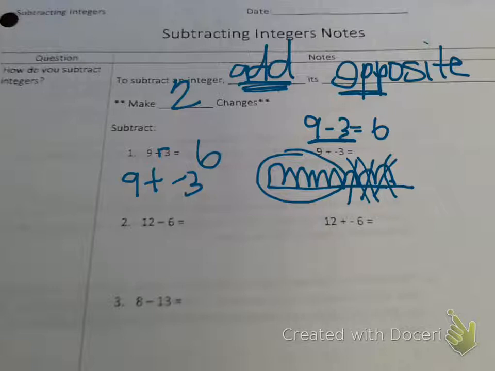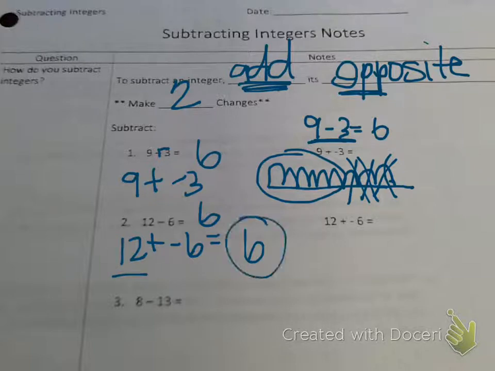12 minus 6, we know that it's 6. But let's see about making our two changes. Instead of subtract, we're going to add. The opposite of 6 is negative 6. And then I know that the rules for that are signs are different, we subtract. 12 minus 6 is 6. 12 is bigger, so the answer is positive.